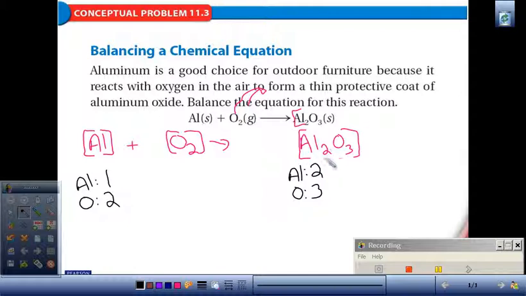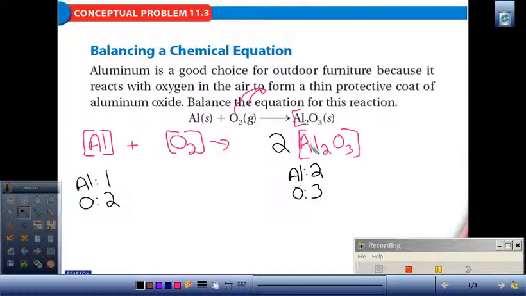Well, I can't change my subscripts because my formulas are set, but I can change how many of these I have. So if this is 1 molecule, I can change it to 2 molecules or 3 molecules. Now with my oxygens, I want to make these the same. So I need a least common multiple for 3 and 2. What's my least common multiple for 3 and 2? 6. So I need 6 oxygens. So if I want 6 oxygens up here, I'm going to double, put a 2 in front.